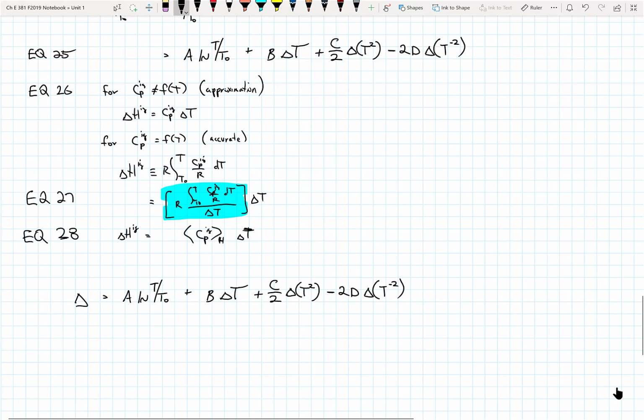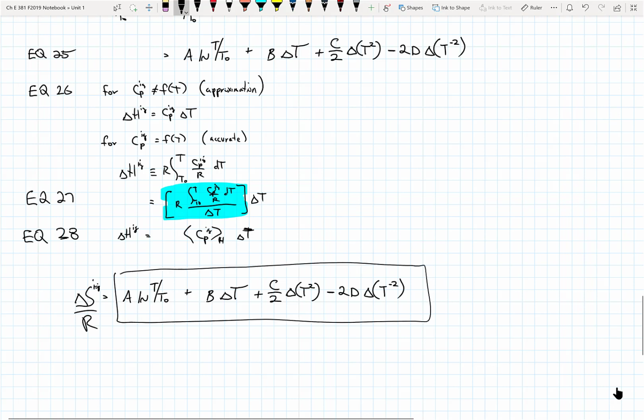So my delta S^IG over R is equal to this part. That's the integral. This integral is C_P^IG over R times dT over T from T0 to T. And then we just have to remember to incorporate the pressure effect of an entropy change. So that's, subtract the logarithm of the pressure ratio.